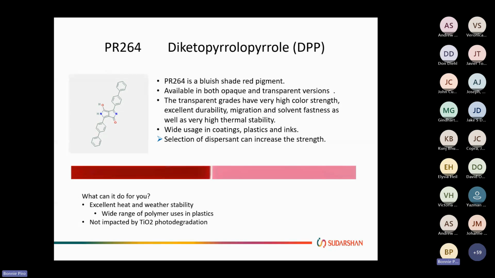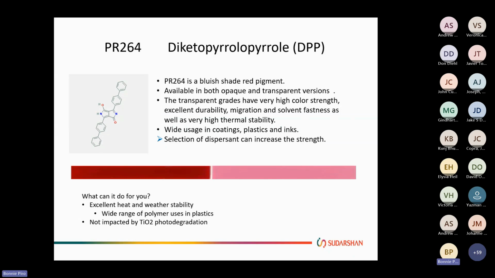From a formulation perspective, you really want to select a dispersant that works with this pigment, because you want to get the most value out of that dispersion and increase that strength.